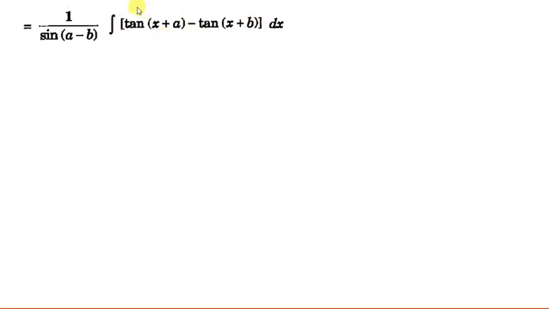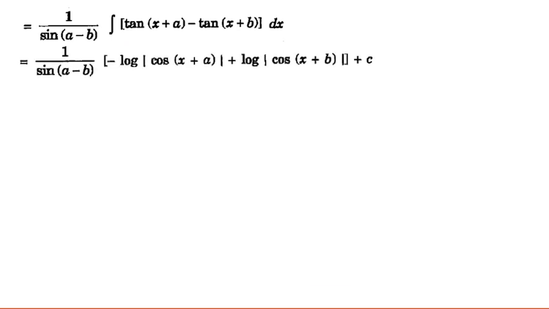Then integral of tangent(x plus a) is log mod secant(x plus a), or minus log mod cos(x plus a), or you can also write it as log 1 upon cos(x plus a), which becomes minus log mod cos(x plus a).